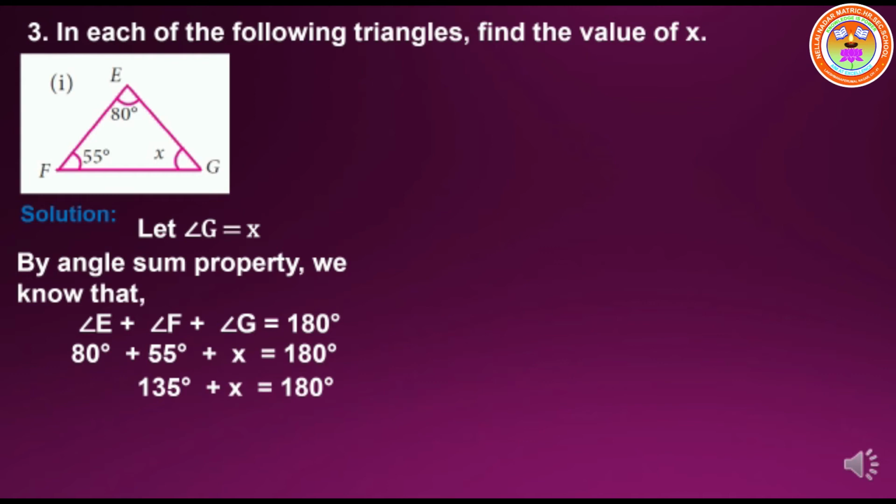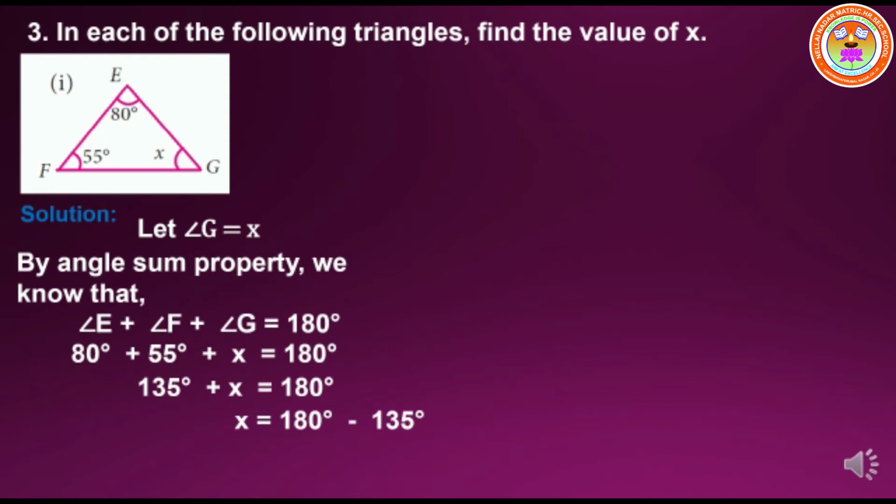Now, in order to find the value of x, let us transpose 135 degrees to the other side of the equation. So it becomes negative. So what is the remaining statement? x is equal to 180 degrees minus 135 degrees.